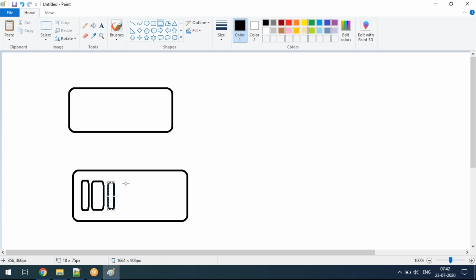Program 2 will be split into page 1, page 2, page 3, like that. Similarly, program 3 will be page 1, page 2, page 3.